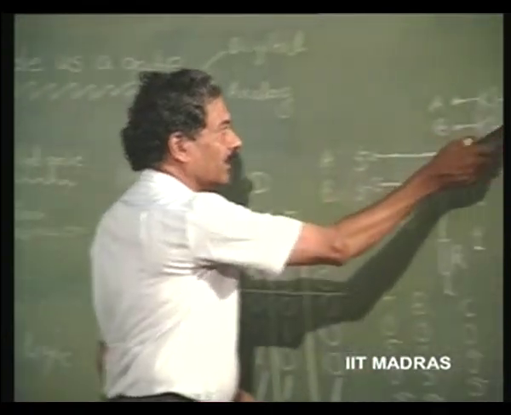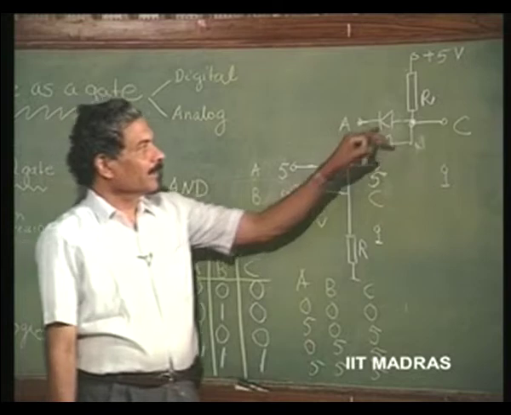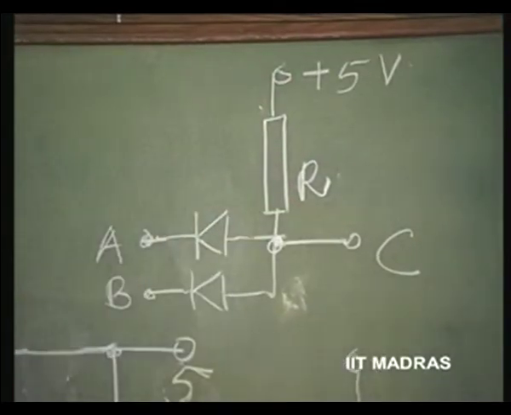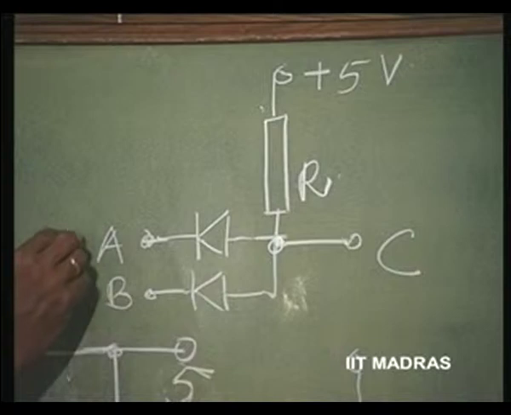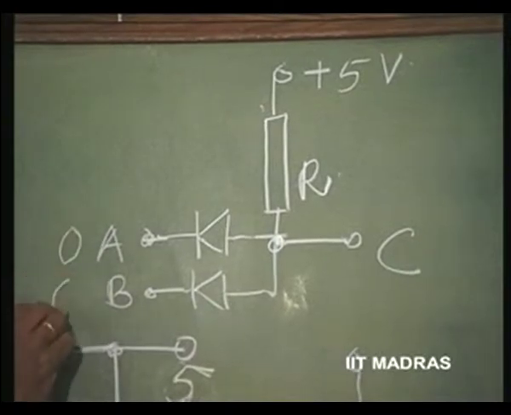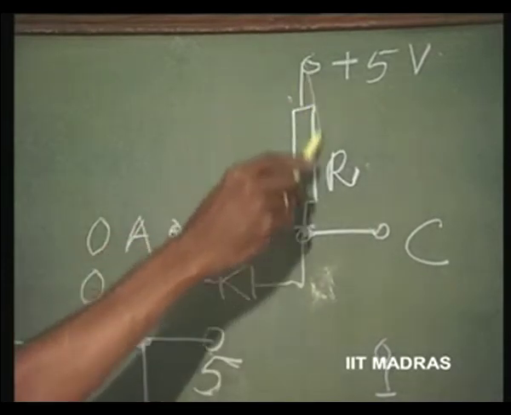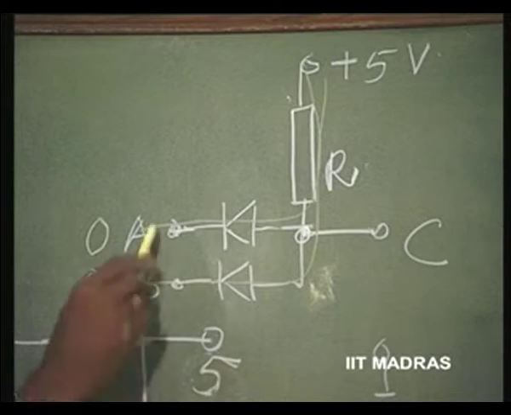Let us consider the second circuit here now. The diodes are connected this way and 5 volts is there and R is connected here. Let us consider the situation when both A and B are 0. A is 0, B is 0. So, the diodes conduct now, current will flow this way, and both the diodes will conduct.